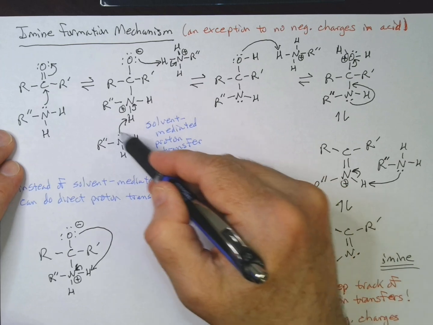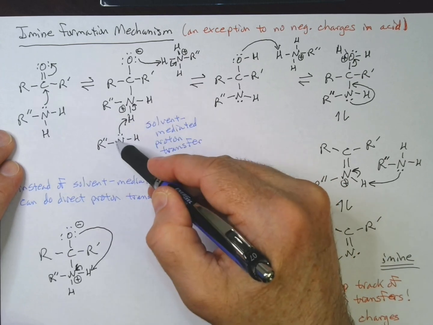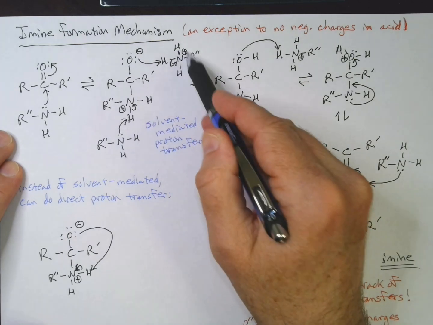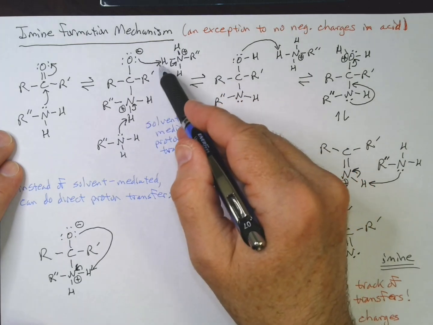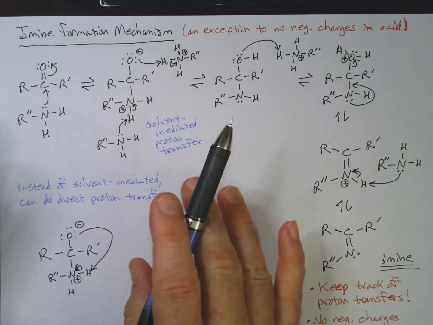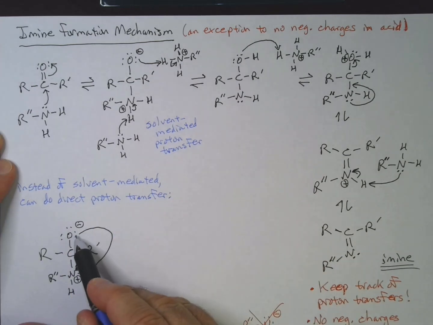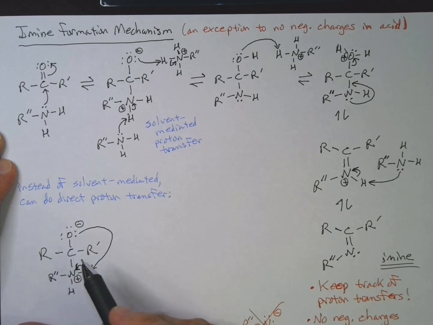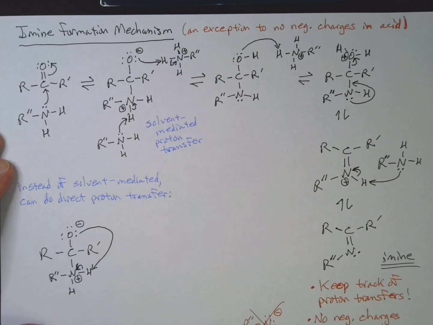So instead of having one molecule of amine pull off a proton there and have another molecule of protonated amine give up a proton to the oxygen, I will allow this, you could have a lone pair from the oxygen grab a proton from the nitrogen on the other part of the molecule there.